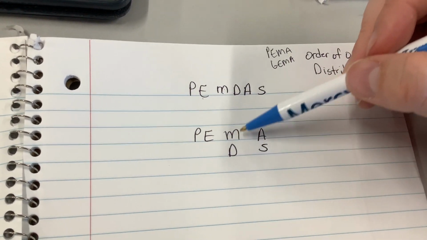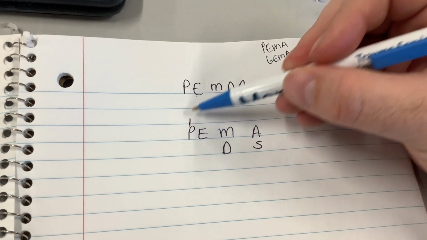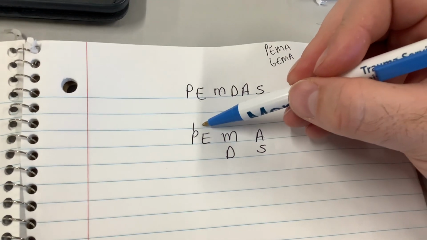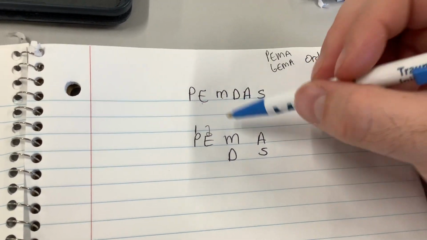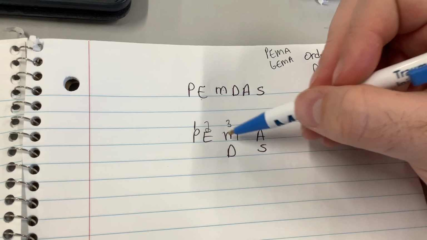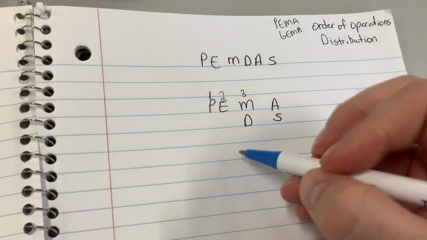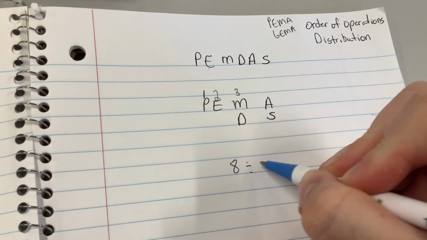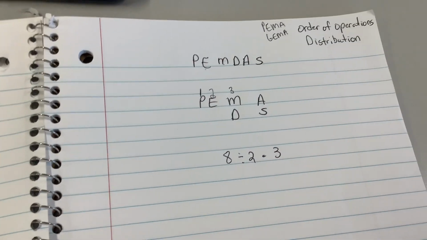And so that's why I write it like this, to show that yes, parentheses always goes first. You're always going to do that first. And you're always going to do this second. That doesn't change, exponents. But then multiplication and division is a tie. So an example of that would be if I had 8 divided by 2 times 3, okay?